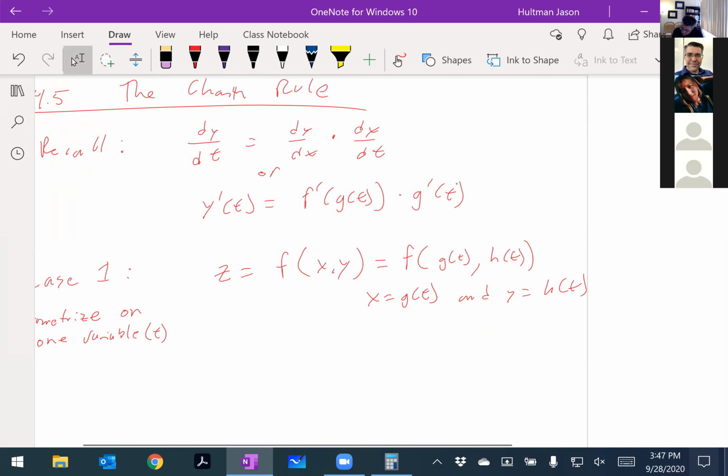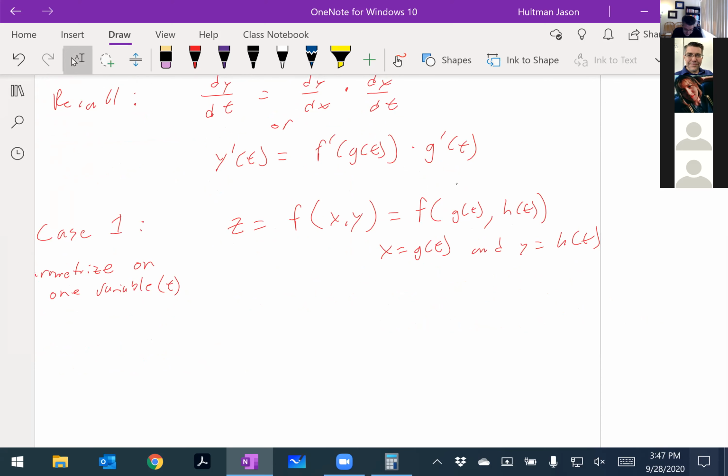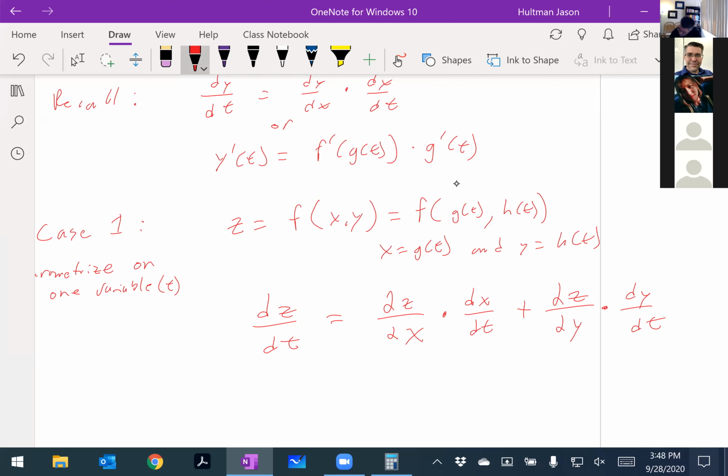Then if we have this scenario, dz/dt, the derivative of z, or z prime, with respect to t, is equal to the partial of z with respect to x times dx/dt, plus the partial of z with respect to y times dy/dt.